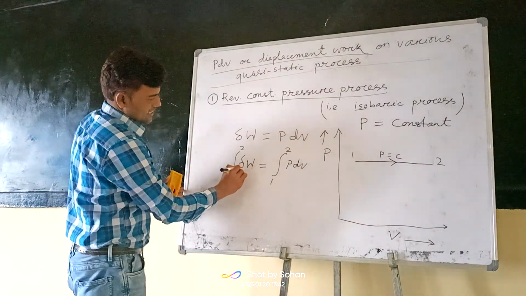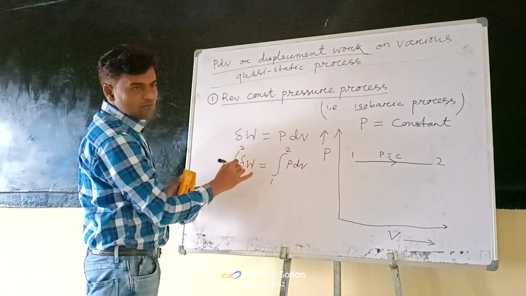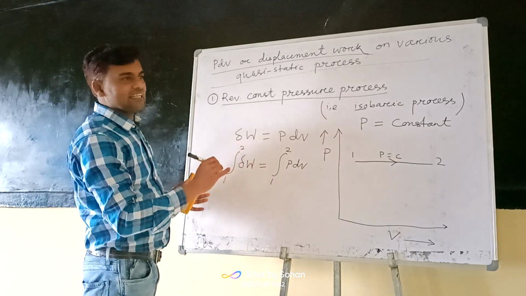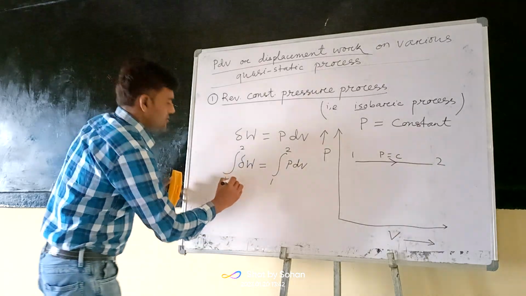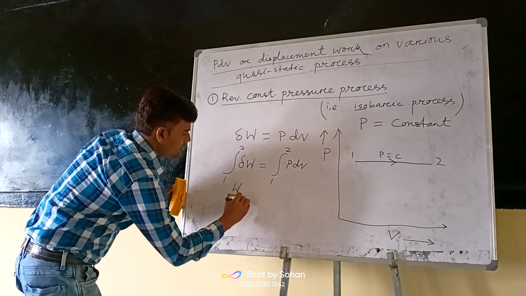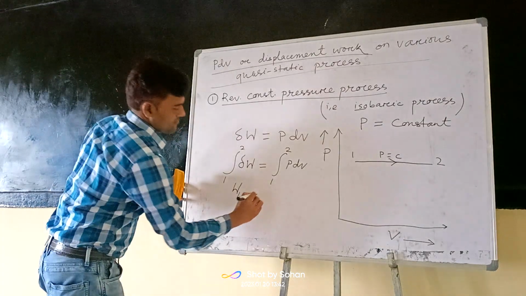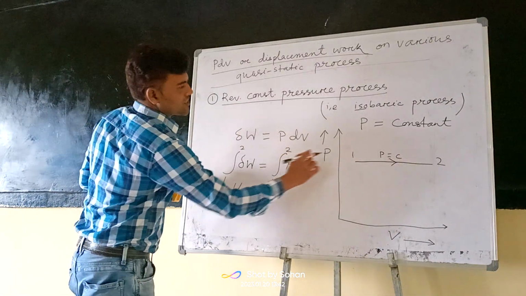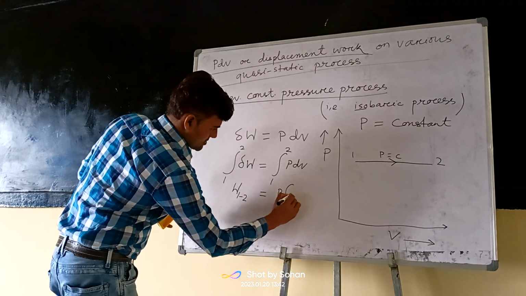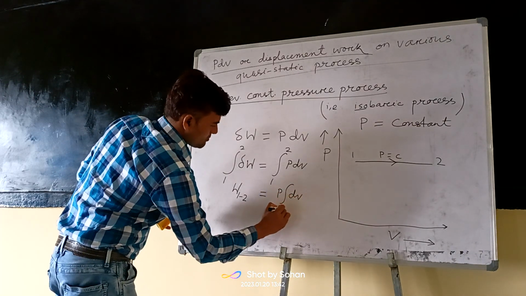As work is a path function, del is the inexact differential, so we write like this: W12. P is constant, so take it outside of the integration of P dV from 1 to 2.